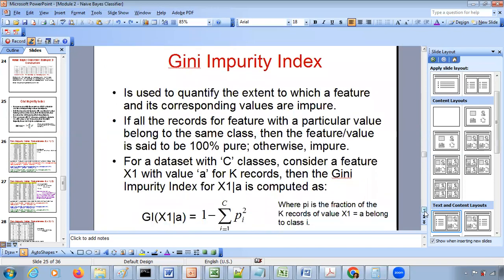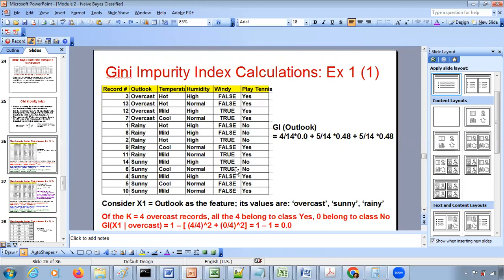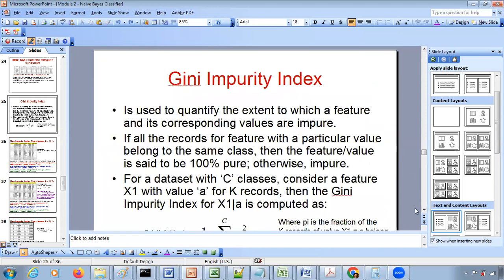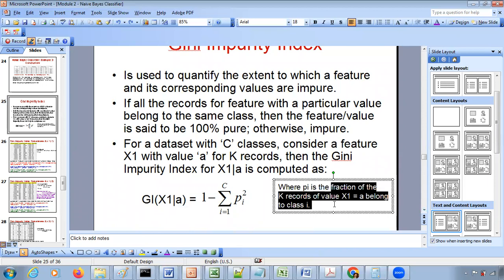And we identify the fraction of those k records that belong to each of the classes that are out there. So there are 2 classes in this example here. So 2 out of 5 sunny records belong to class no, and 3 out of 5 sunny records belong to class yes. So this p_i in this formulation is basically the fraction of the k records of value x1 equals a that belong to the class i.